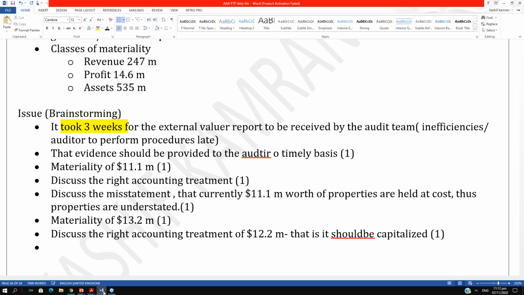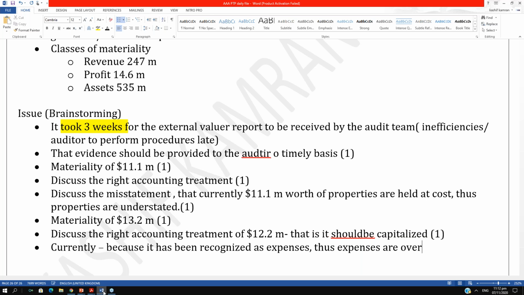You should also discuss with management that currently, because it has been recognized as expenses, expenses are overstated and profit is understated. So currently they have recorded them as expenses, so your expenses are overstated and the profit is understated. You will get 1 mark for that.